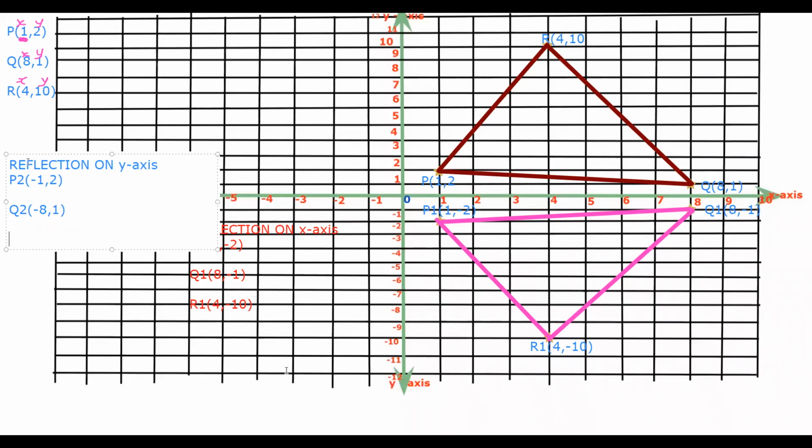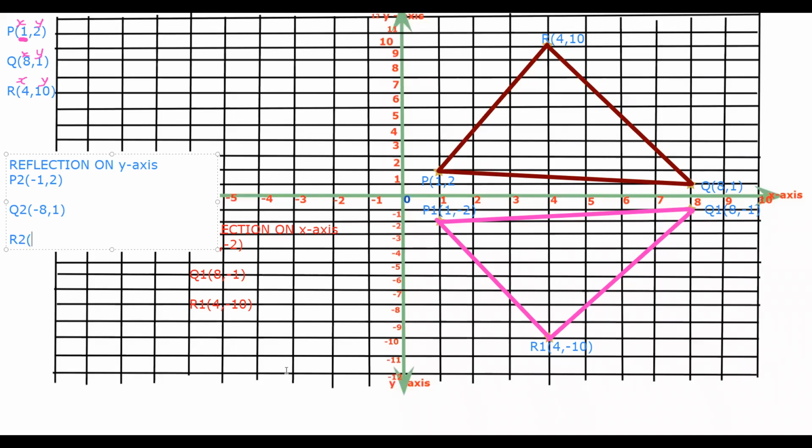Then our new point here, which is R2, of point R here. So if point R, which is 4 and 10, is reflected on y-axis, it means you are not going to touch the y coordinate, but the x coordinate will suffer with a negative sign.